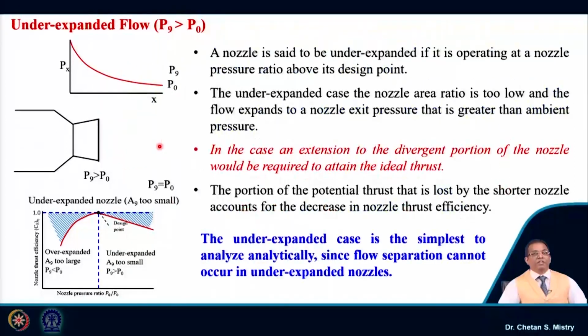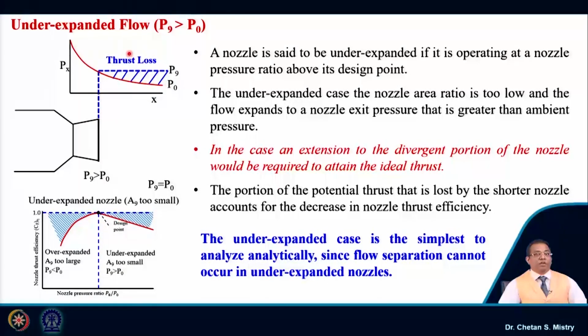In the same way, suppose I have a nozzle whose length is shorter. My requirement is to match my exit pressure and my atmospheric pressure. In this case, my expansion will take place outside my nozzle, and that will lead to a loss of thrust.